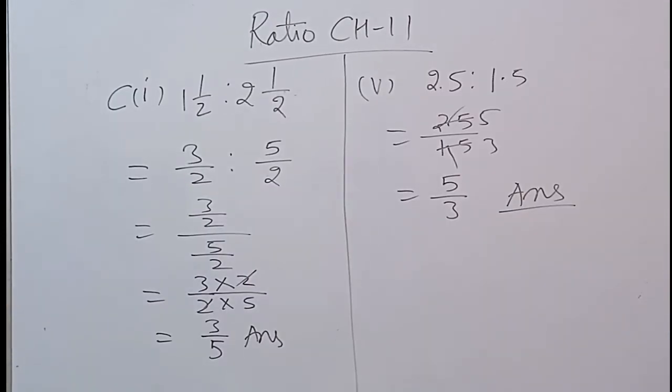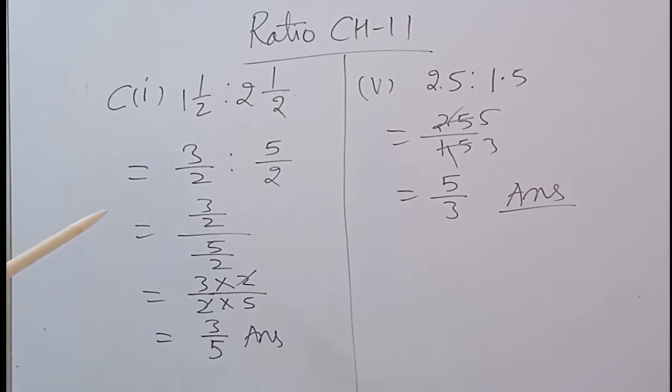Children, now I am taking question number 1, C part, and the first part of C, that is 1 whole number 1 upon 2 ratio 2 whole number 1 upon 2, and we have to write in the simplest form. So first change it: 1 whole number 1 upon 2, 2 times 1 plus 1, that will give you 3 upon 2. 2 whole number 1 upon 2, 2 times 2 plus 1 is 5, that will give you 5 upon 2. So 3 upon 2 ratio 5 upon 2, write in a ratio form, 3 upon 2 numerator and 5 upon 2 denominator.